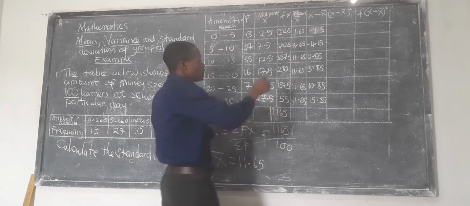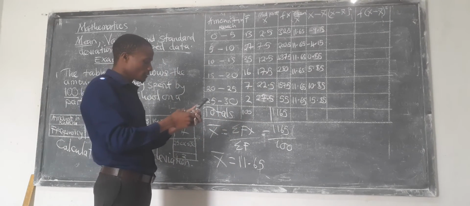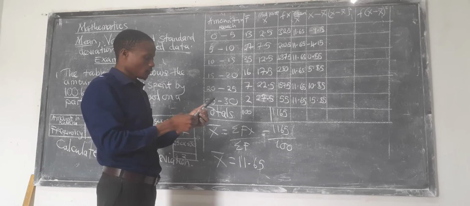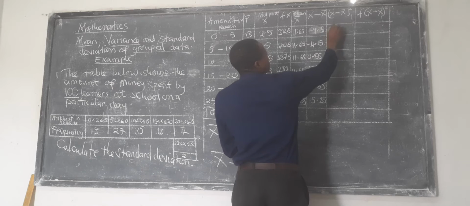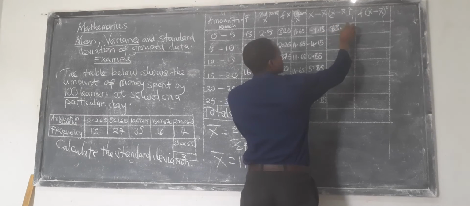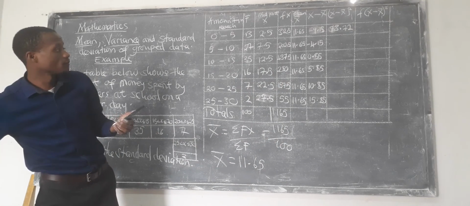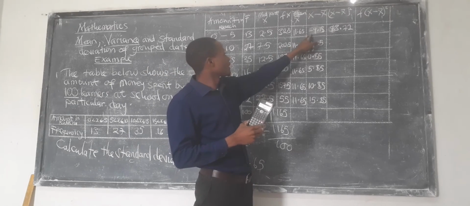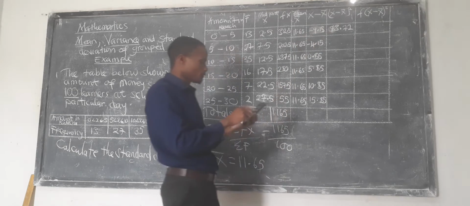Okay, so we have negative 9.15 squared, which gives you 83.72. For you to get the correct answer, you have to be careful. You need to write open brackets, then negative 9.15, close bracket, squared. That's going to give you the positive answer.